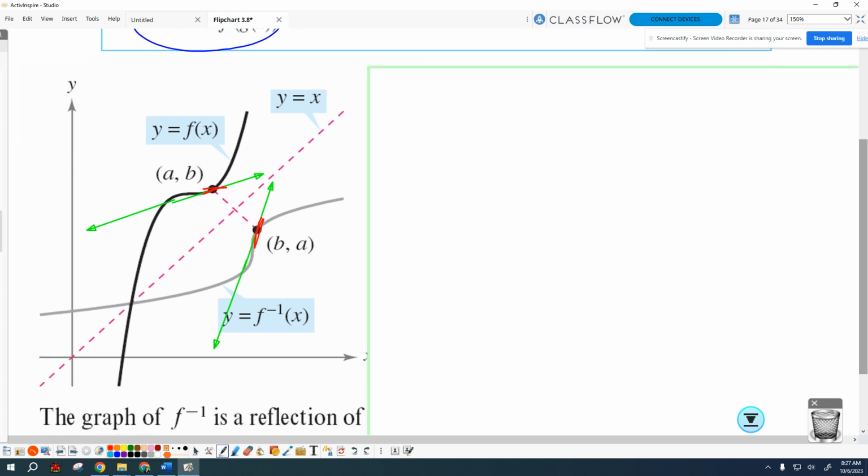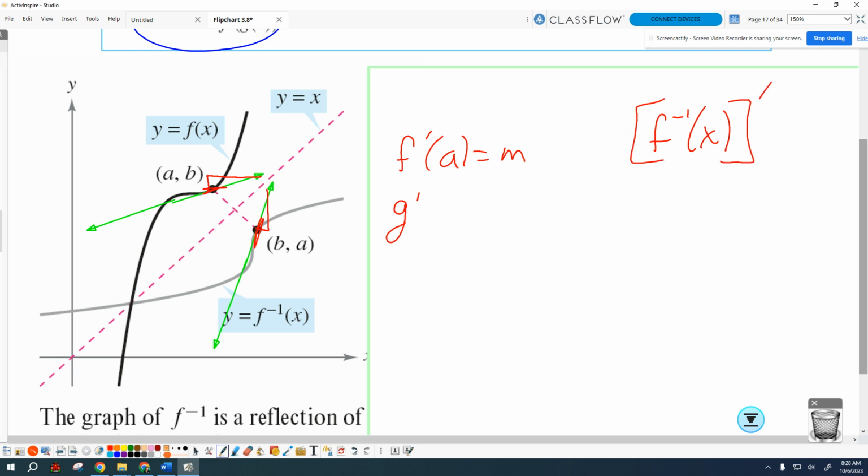All right. So this guy's slope was rise over run. This guy's is just the reciprocal. Here's the catch. f prime at A equals m, and it's too hard for me to write f inverse prime, so I'm calling it g of x, but that is the f inverse derivative.